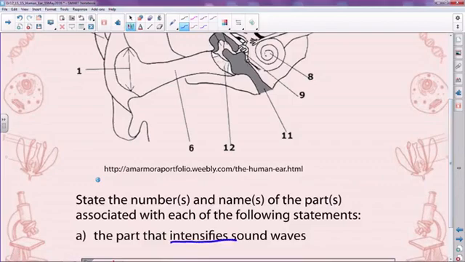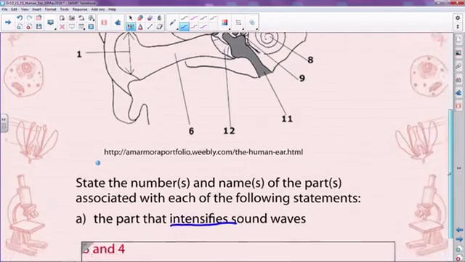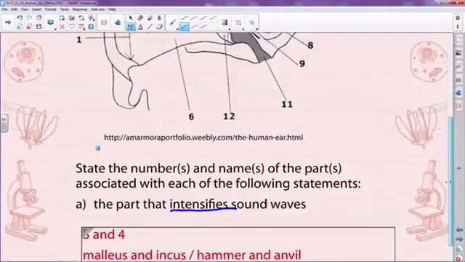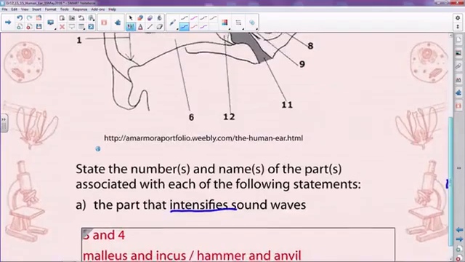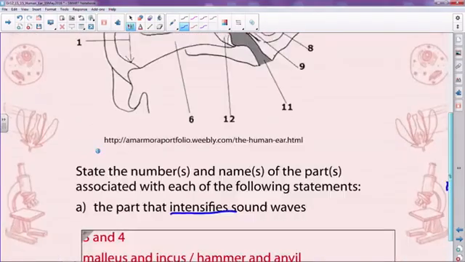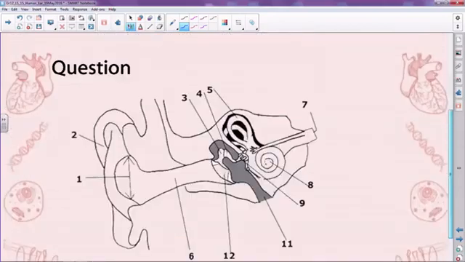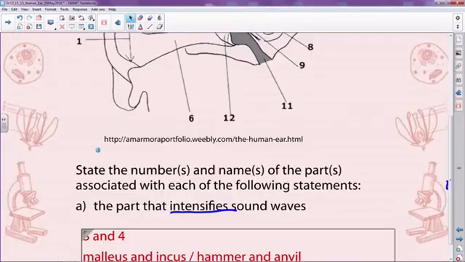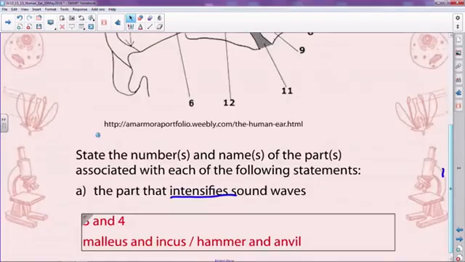First one, the part that intensifies sound waves. So if I have a look, what part intensifies sound waves? Can you remember? Think about it very carefully. It is your malleus, incus, and stapes.